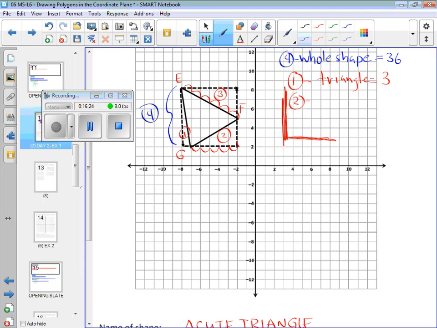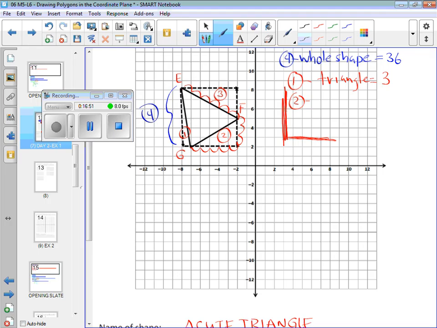What about my height? 1, 2, 3. I agree. 5 times 3. Got to split it in half though. 15 divided by 2. You will have a calculator when you do it, but you can do it in your head. You got it, 7.5.